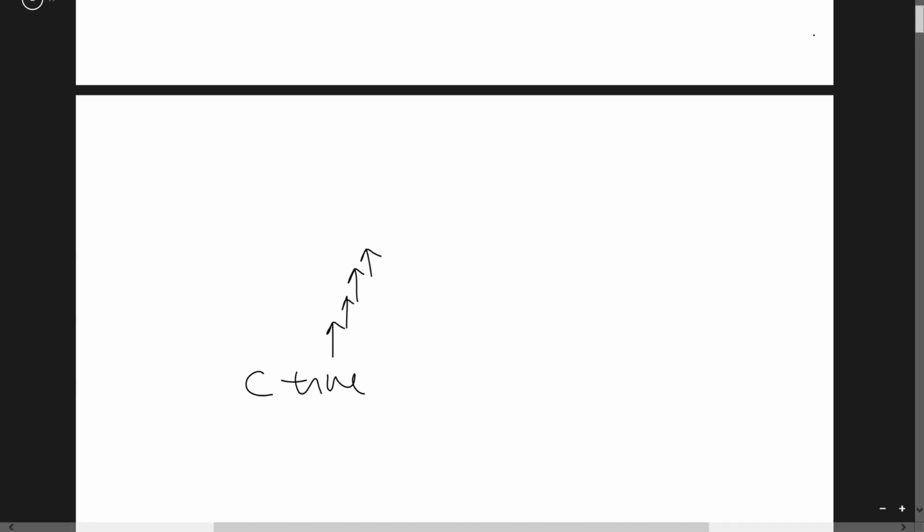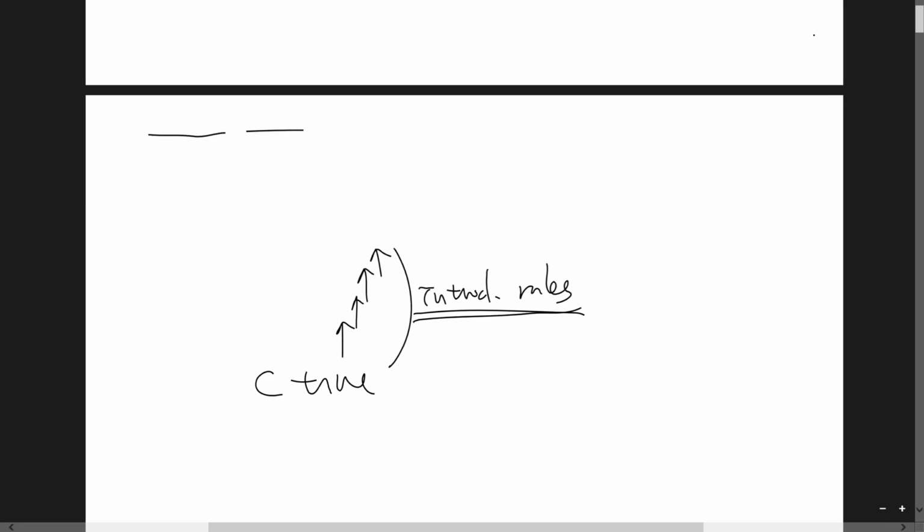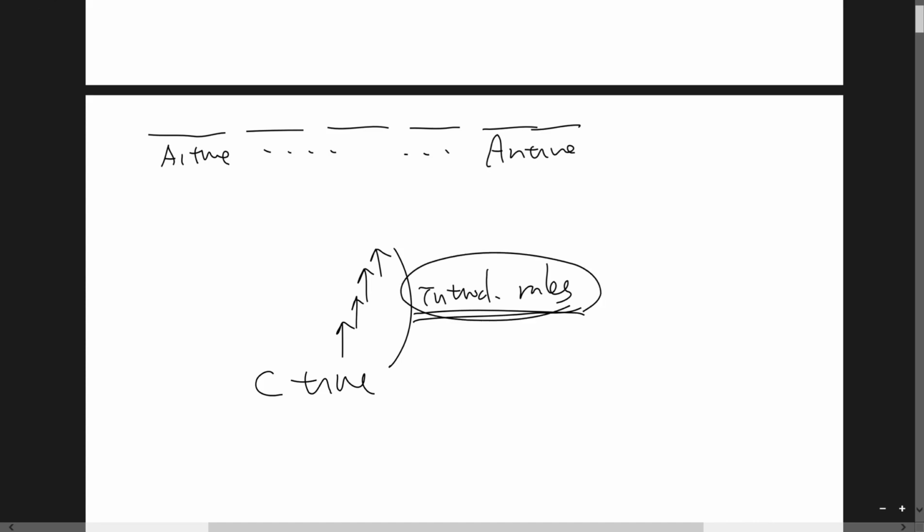While we apply these introduction rules, we perhaps introduce many hypotheses. And starting from these hypotheses, we apply elimination rules. So we keep applying elimination rules.